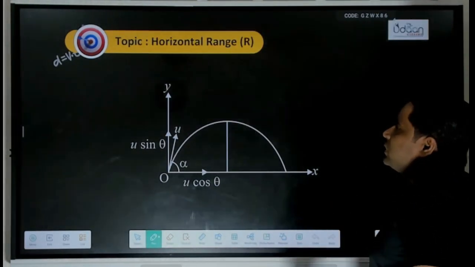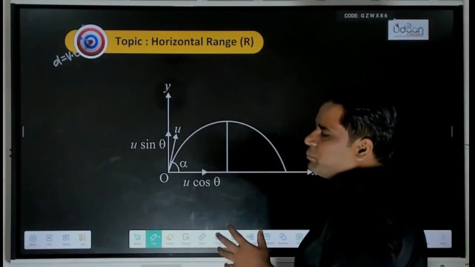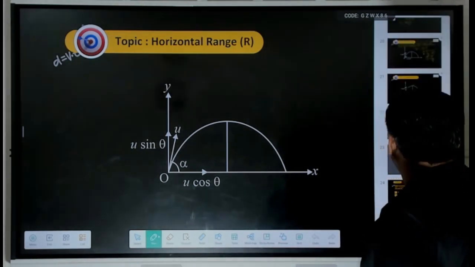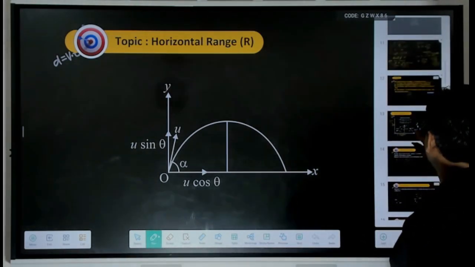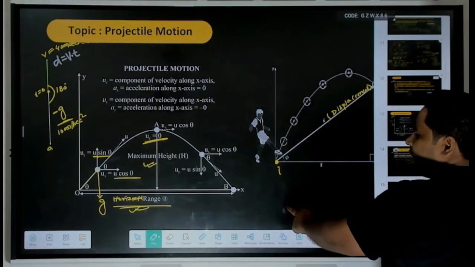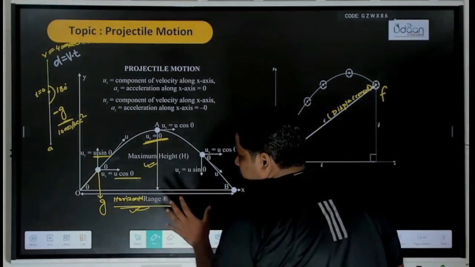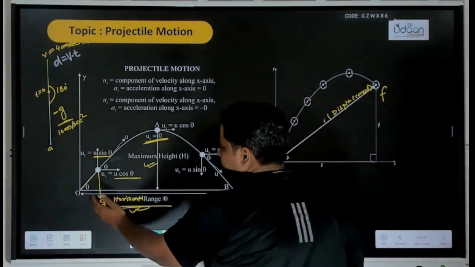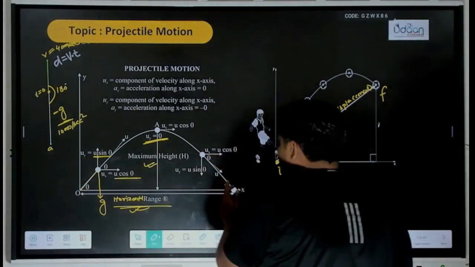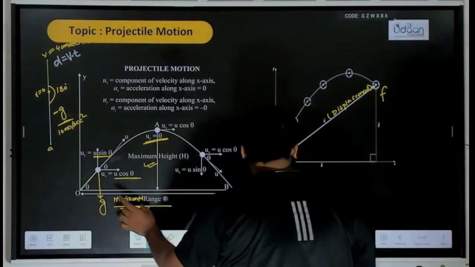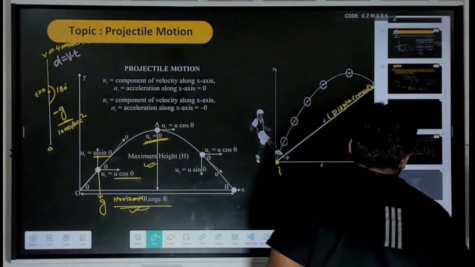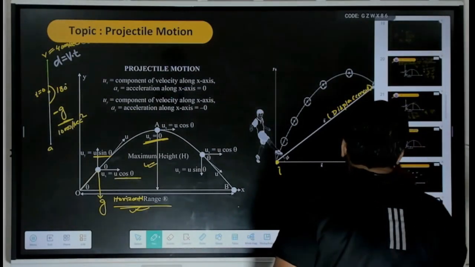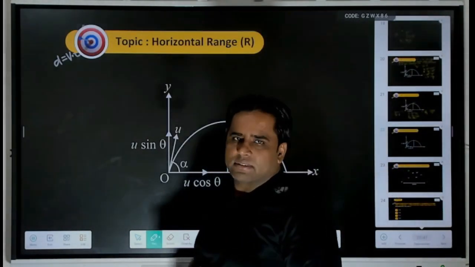Student, now comes horizontal range. Horizontal range means what? If you observed that particular slide, you would know what the horizontal range is called. The horizontal range is the distance from the initial point to the final point on the x-axis. So we must take care of all the physical quantities which exist on the x-axis.